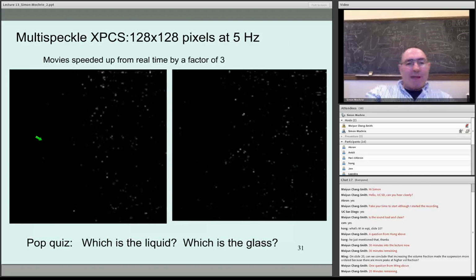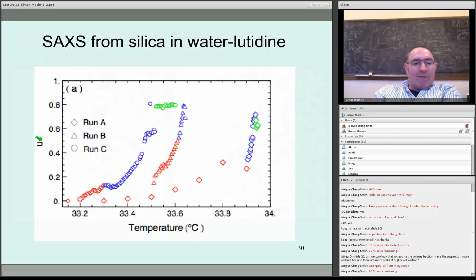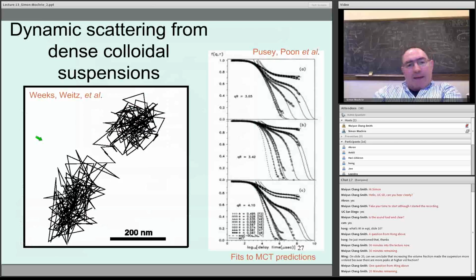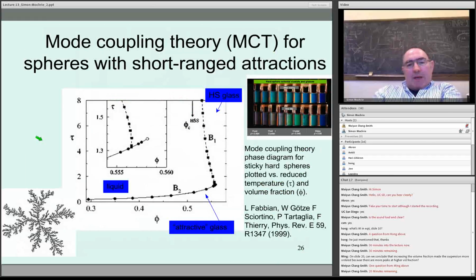Okay, so now I have a pop quiz for you. If I go back to my phase diagram here, what I have in this region is a glassy phase, and what I have in this region is a fluid phase. And in our particular realization, we go from one phase to another by changing the interaction strength.